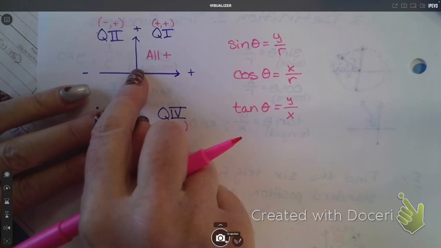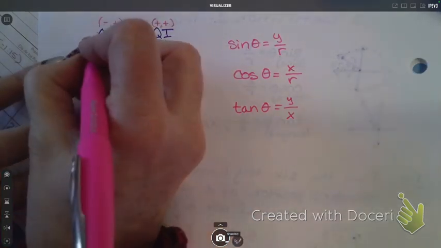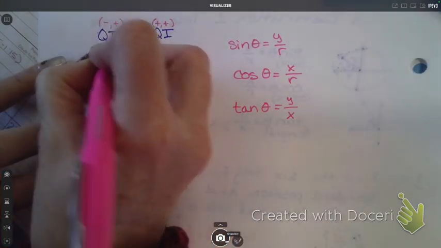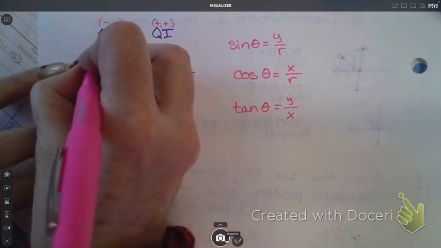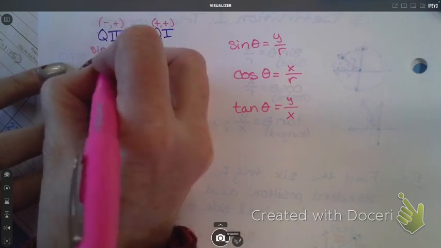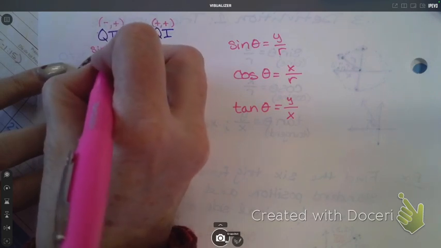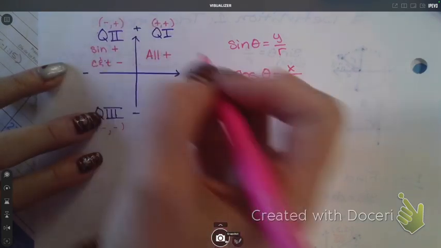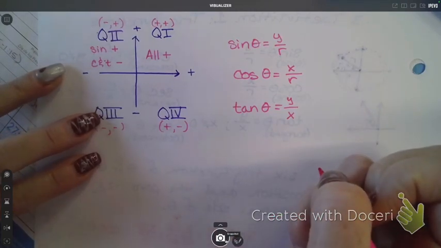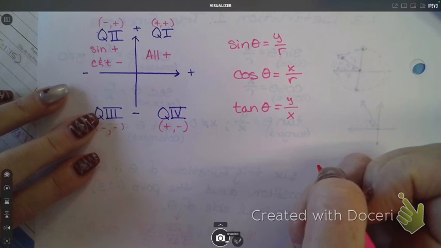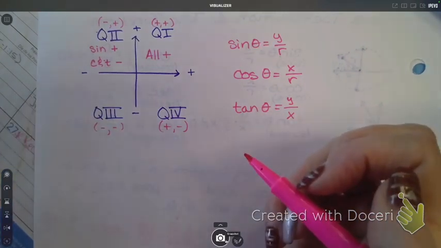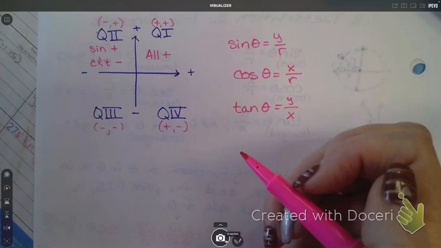And that's it. So sine is positive, and cosine and tangent are negative. And why? Why are cosine and tangent negative? Because they both have an x in them.